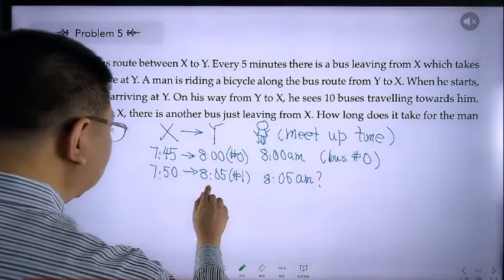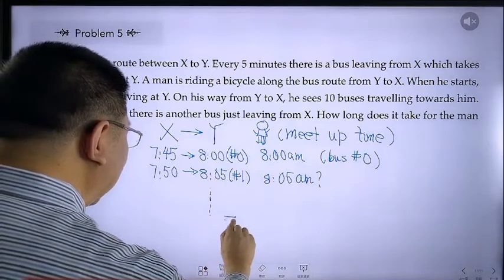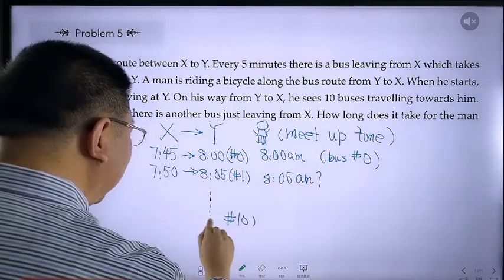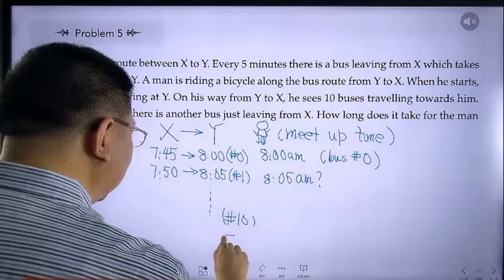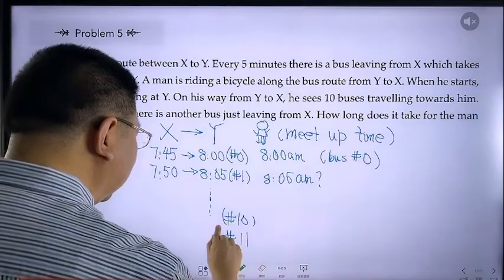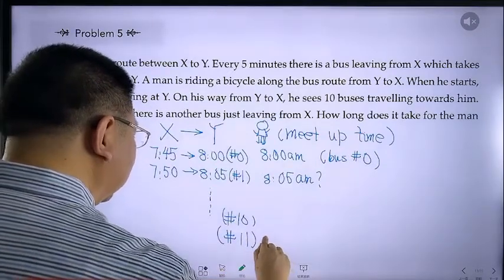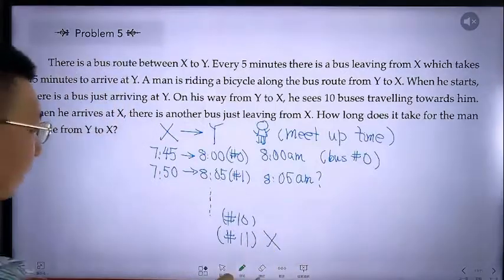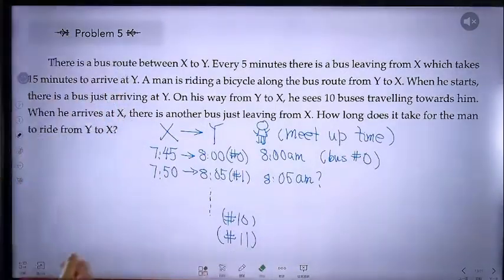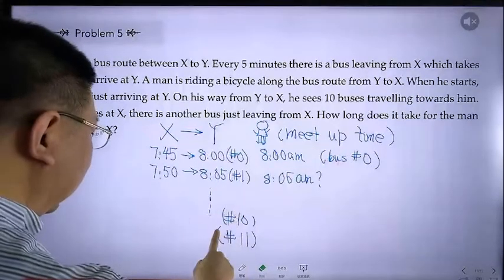What's next? We need to consider bus number 10, and then also bus number 11, which is related to the guy that meets at X.